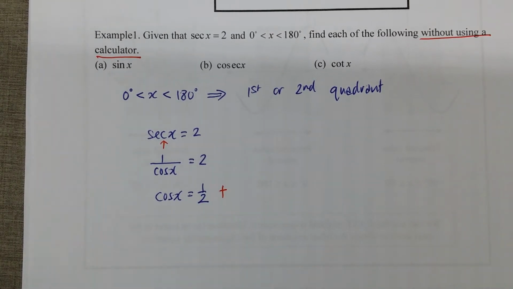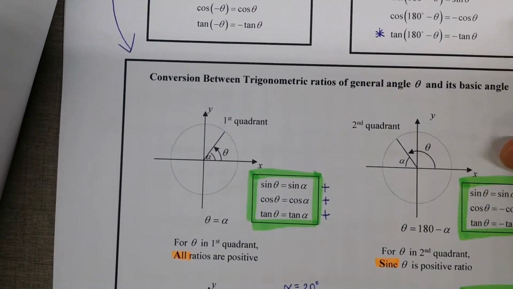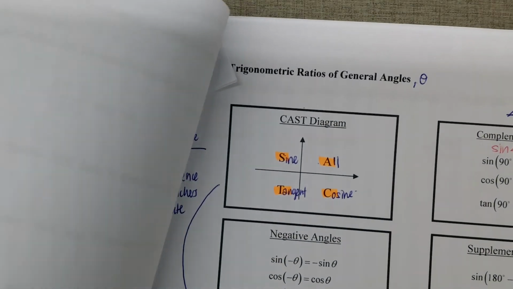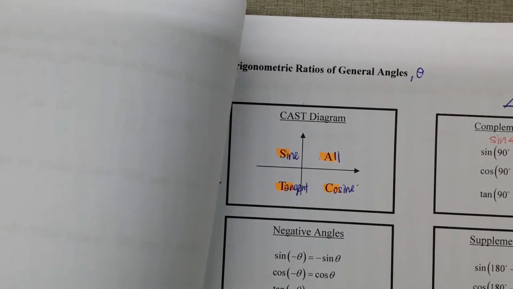Do you need me to bring you back to the previous part of the worksheet? Yeah, let's recall. Which quadrant? The CAST diagram. First quadrant or fourth quadrant, right?